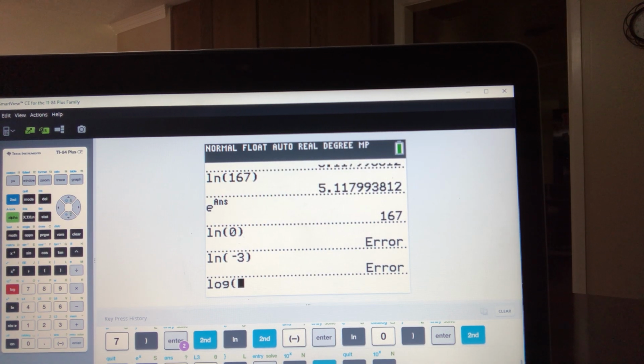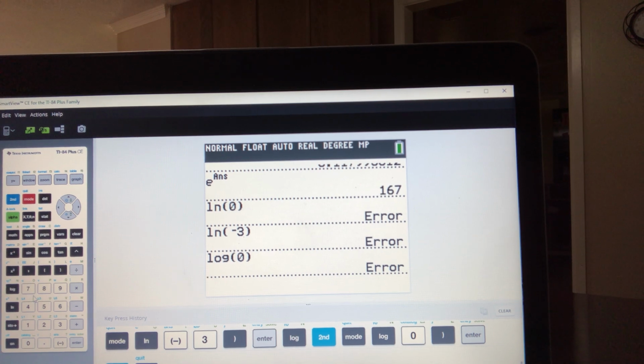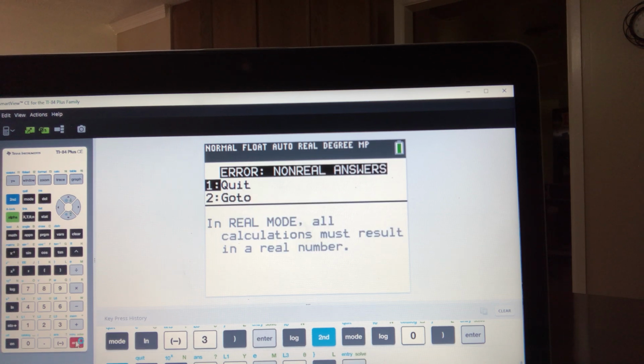If you try to do the log of 0, you'll find that the same thing happens. It says error domain, so you would say undefined or not possible. Another one is the log of -1/3. Still not possible.